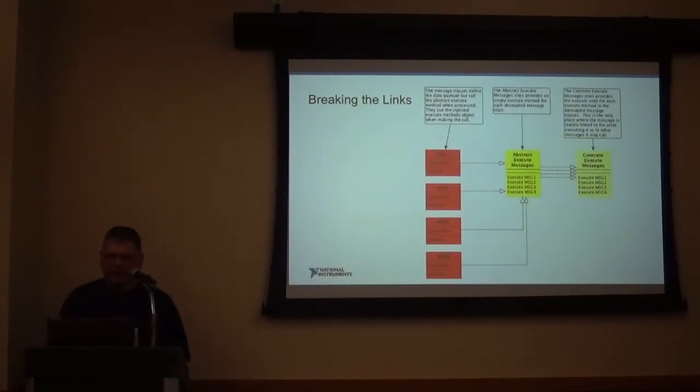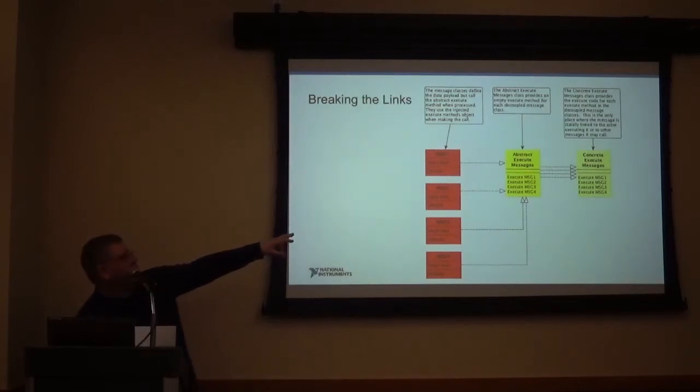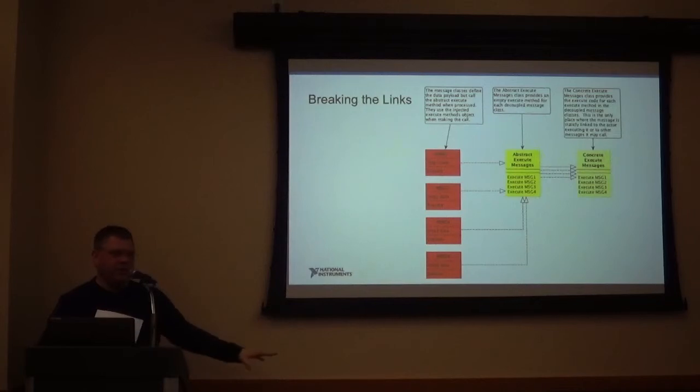So here, if you can visualize this, you've got these messages, and they all have their executes. Well, you create an execute for each message, and you just call it whatever you want. I call it execute message 1, execute message 2, and then the red and yellow in the middle, those are the ones that you're actually going to have in both your applications.